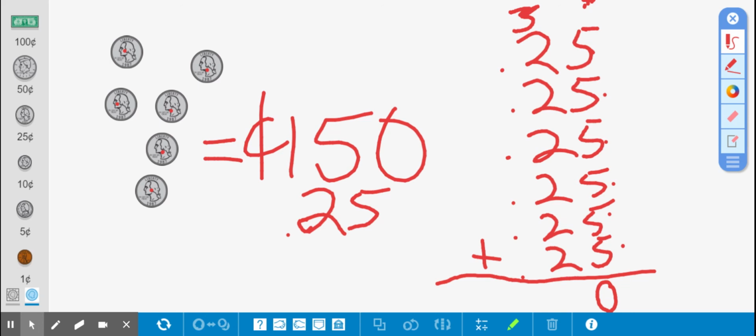Now we have 3 tenths plus 2 tenths is 5 tenths, 7 tenths, 9 tenths, 11 tenths, 13 tenths, 15 tenths. You can't have any more than 9. So in this case, 15 tenths, we're going to put the 5 here. And that 1 from the 15 is now going to become what?